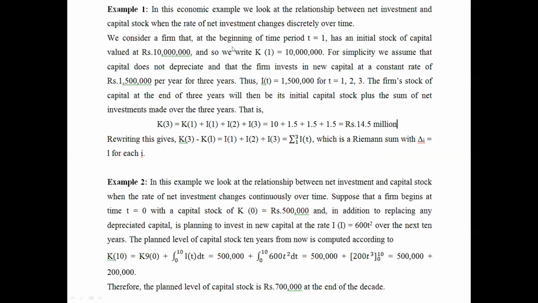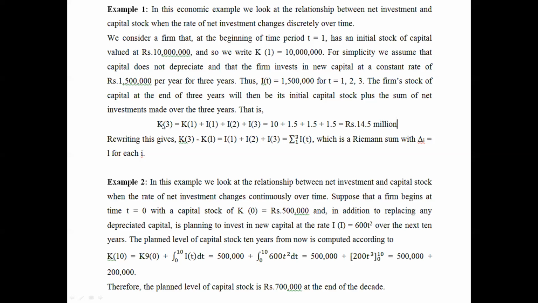The initial stock of capital is 10 million, so we write K1 equal to 10 million. For simplicity, we assume that capital does not depreciate. The firm invests in new capital at a constant rate of 1.5 million per year, and this goes on for 3 years. So that means I1, I2, I3 will all be 1.5 million.